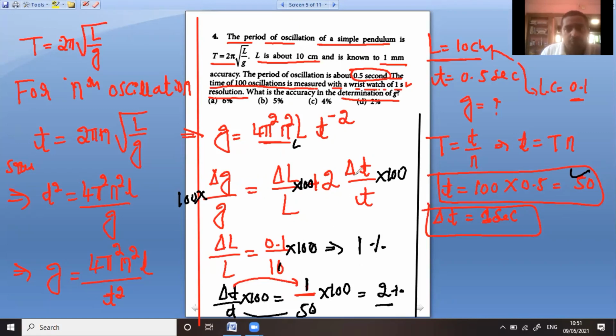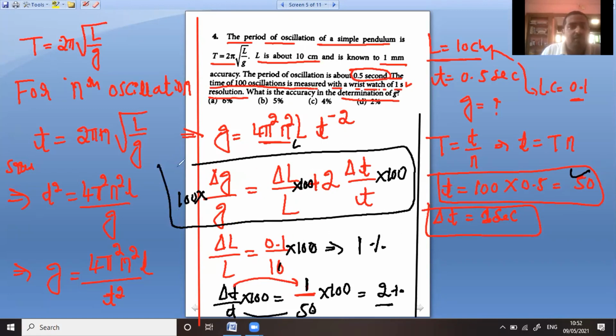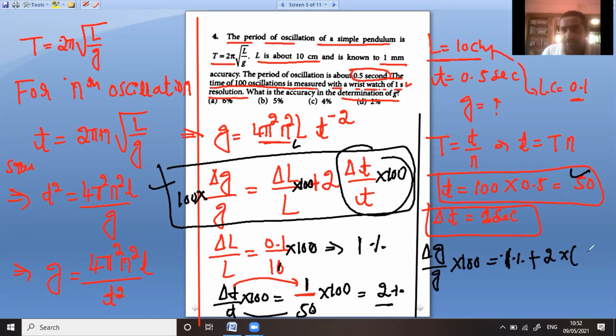So now put all the values in this equation. Delta g by g into 100 is equal to 1% plus 2 into 2%.